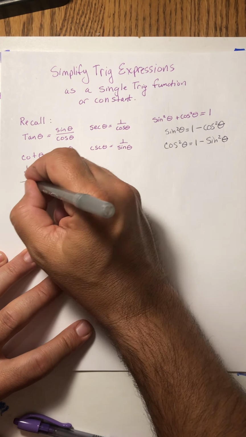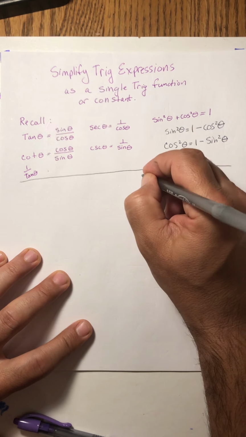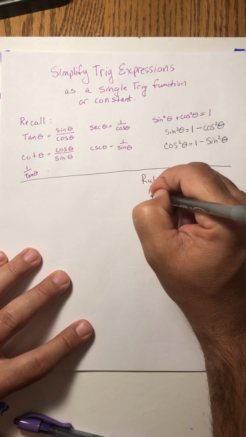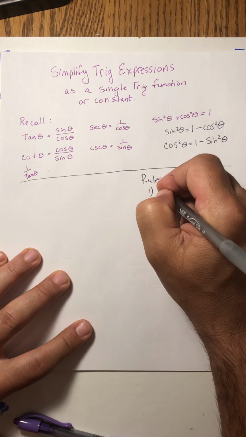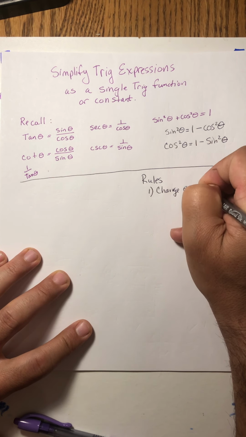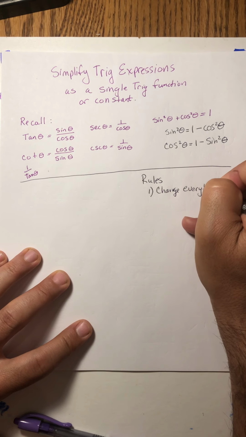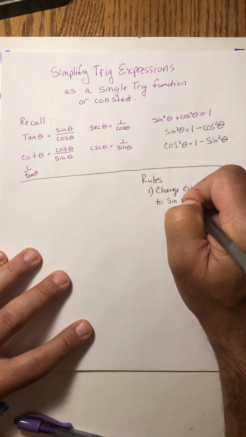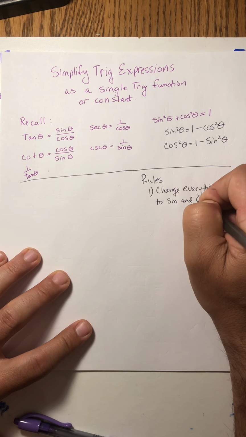All right, rules for simplifying these trig expressions. Number 1, we're going to change everything, so all trig expressions, to sines and cosines.